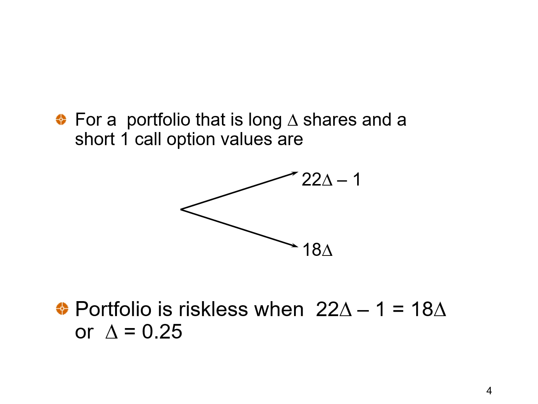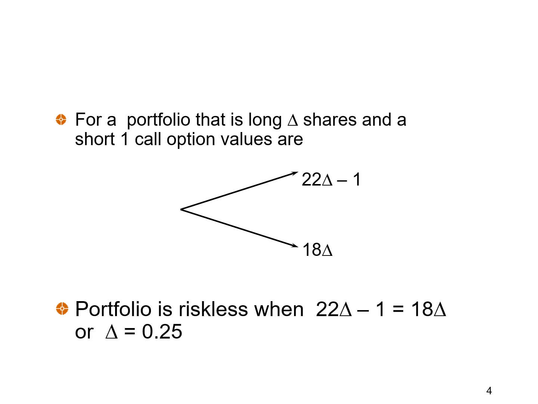Assuming that your stock price falls to $18 from $20, then the value of your portfolio will be 18 delta. Now the option value is $0 because the option will not be exercised. So the portfolio is riskless when 22 delta - 1 is equal to 18 delta.